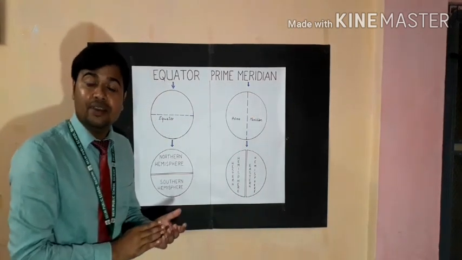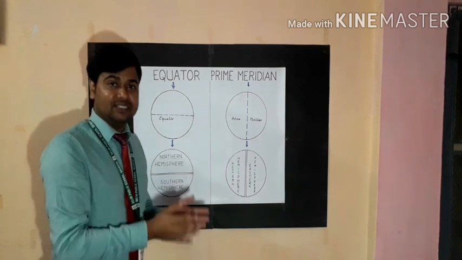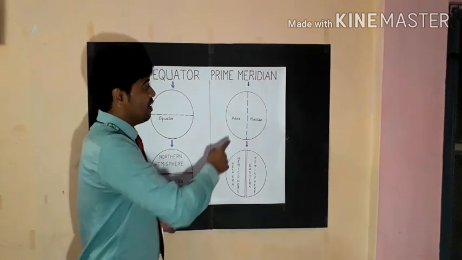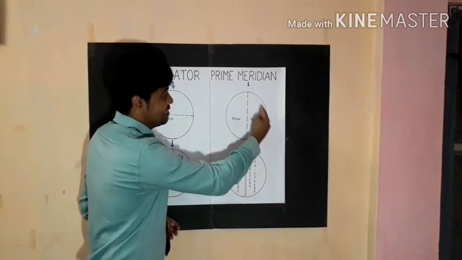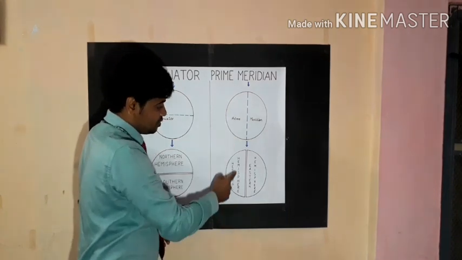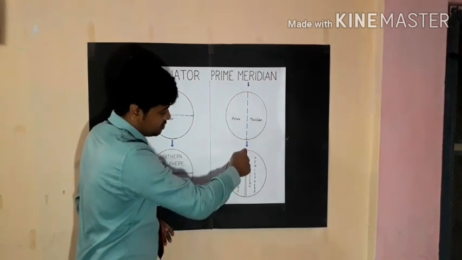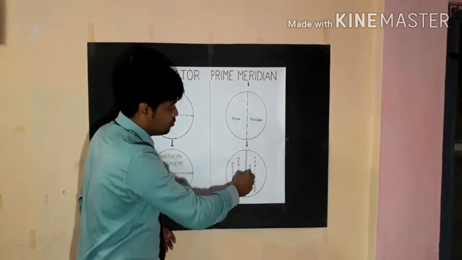Now, number 3 is prime meridian. What is prime meridian? Prime meridian is an imaginary line which divides the earth vertically into eastern hemisphere and western hemisphere. Here you can see this is prime meridian and it divides the earth into two hemispheres.